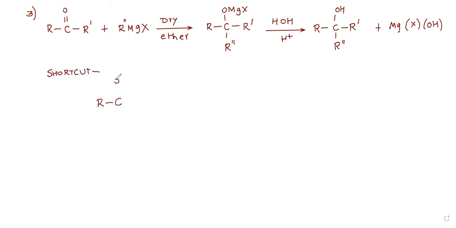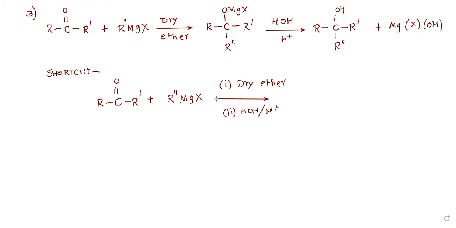RCOR dash plus some other group, dry ether first arrow. When you want to write directly shortcuts, they write these multiple arrows like this. Usually in NEET and JEE, you get reactions of 2 steps clubbed together.